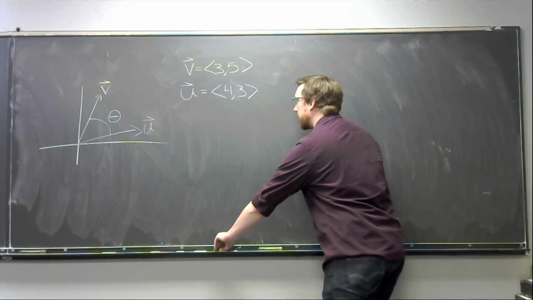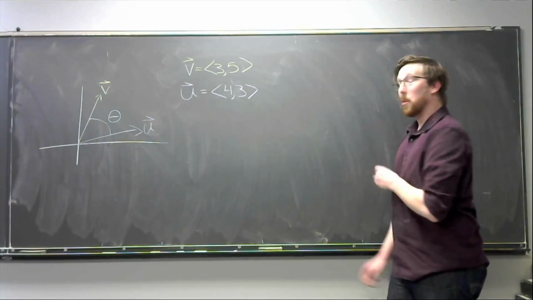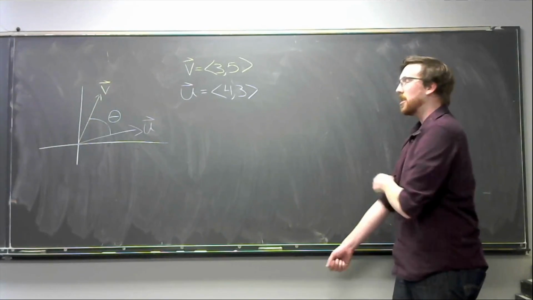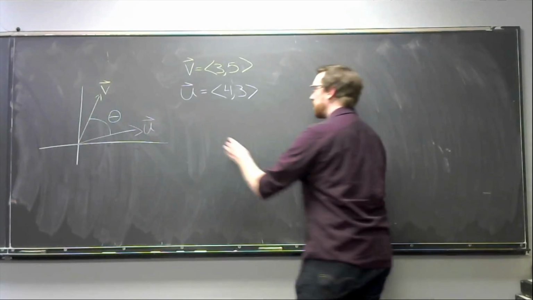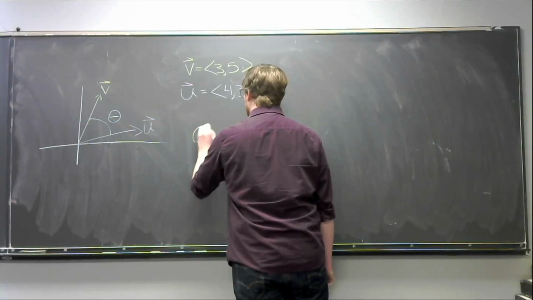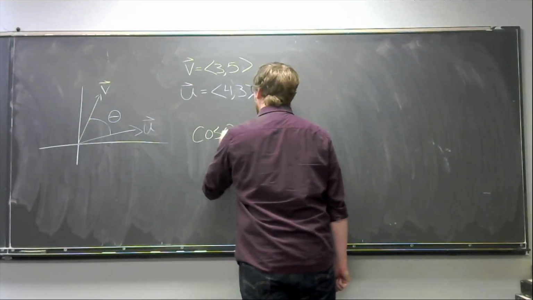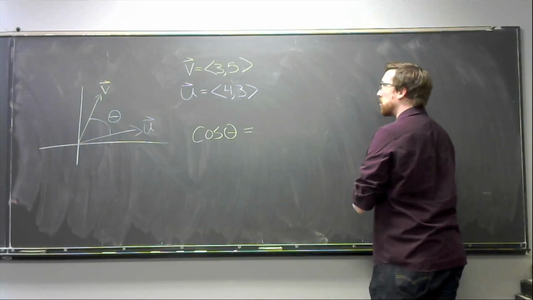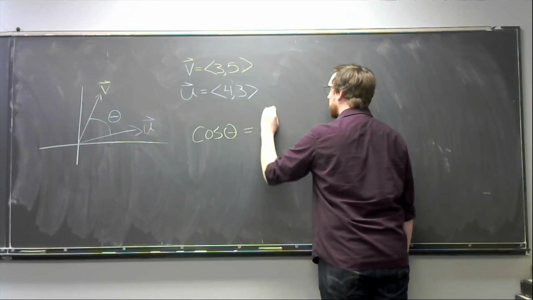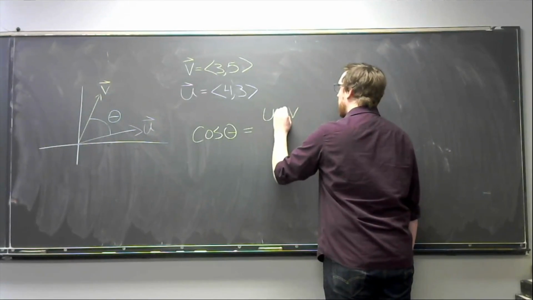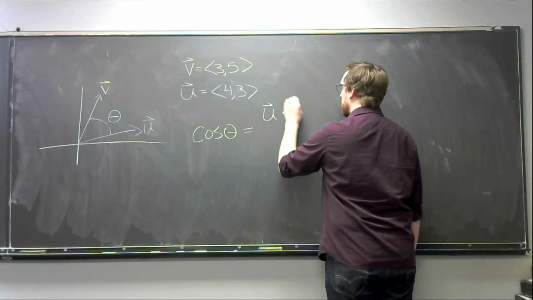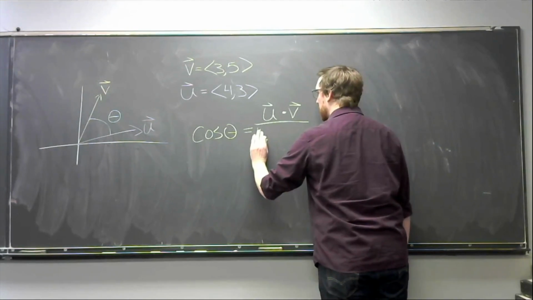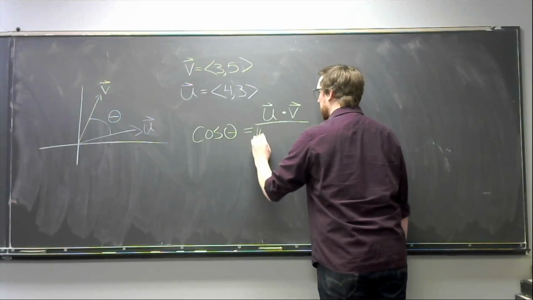The shortcut to this, the way we want to solve this particular problem, is we want to set up this particular relation. The cosine of the angle between two vectors is going to be equal to the dot product of those two vectors divided by the magnitude of both of those vectors.